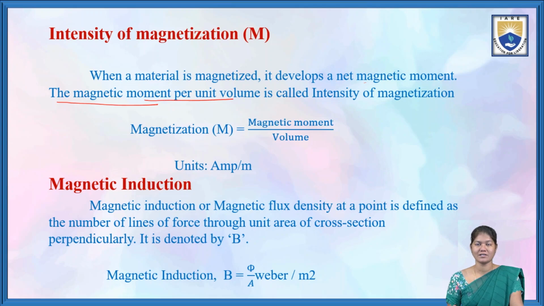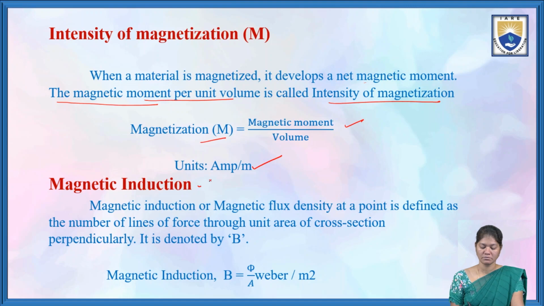So the magnetization M is equal to magnetic moment by volume. The unit for intensity of magnetization is ampere per meter.